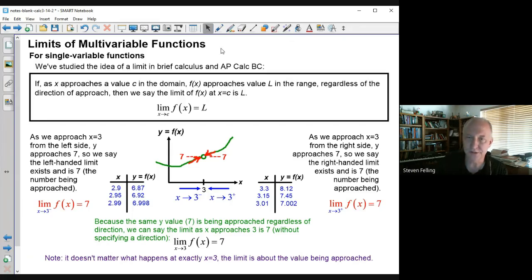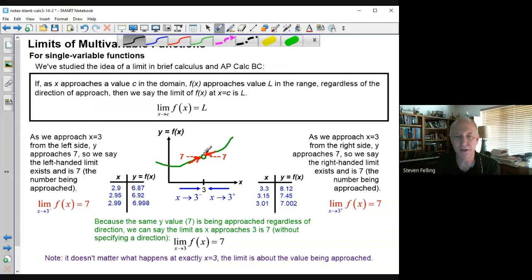So the idea is, if you have a function, let's say represented by this green curve, and we have regular y as a function of x, single variable function, right? Maybe we want to know what is happening to the output value of this function as we approach the input value 3, okay? And so maybe we could try plugging some values in as x approaches from below, from the left, we say, right?